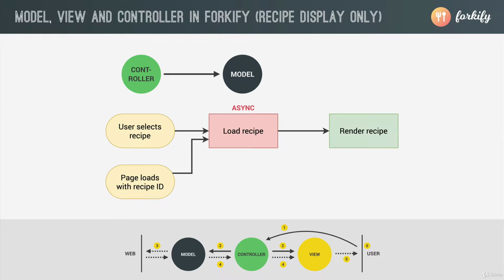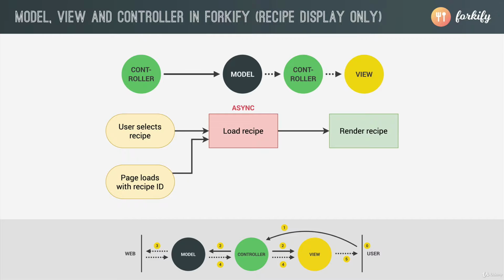So the controller basically calls some function that is in the model, and then the model asynchronously gets the recipe data from the API. And once that data has arrived, the controller asks for that data, receives it, sends it to the view, which will then ultimately render the recipe on the screen. And that's it.